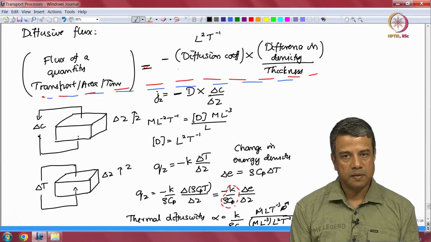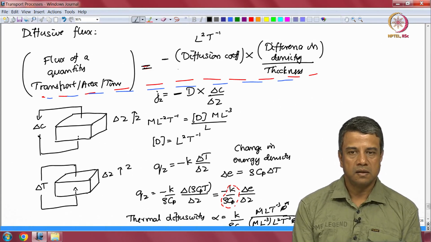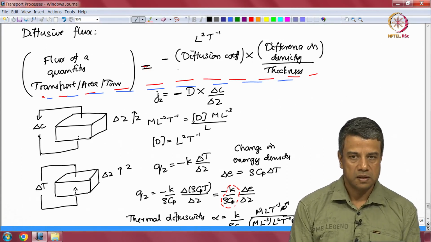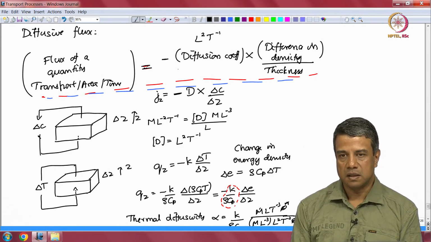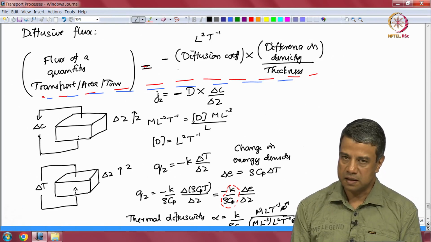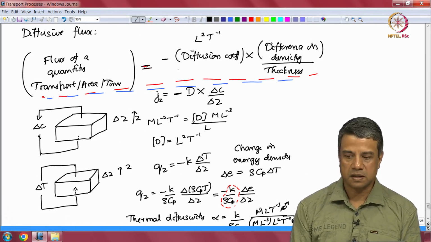And negative sign because the diffusion takes place from regions where the density is higher to regions where the density is lower. So, mass diffusion from higher mass density regions to lower mass density regions, heat diffusion from higher energy density region to lower energy density region.